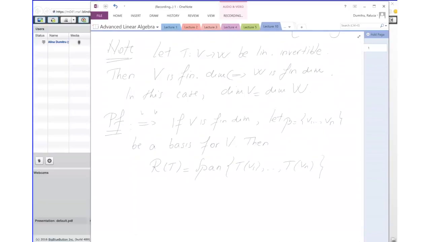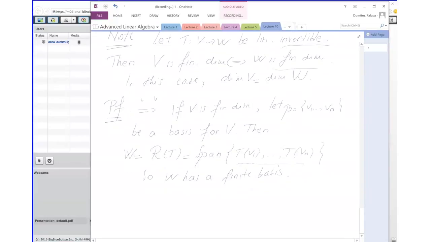But I just assumed that T is invertible, right? Being invertible means it is in particular onto. So the range is everything, the entire codomain, so the range is W. Okay, so here is a finite set that spans W. It's a generating set, so it can be reduced to a basis. So W has a finite basis. And we're done, right? Because I wanted to show that W is finite dimensional.